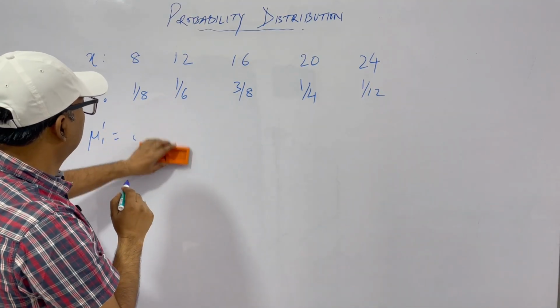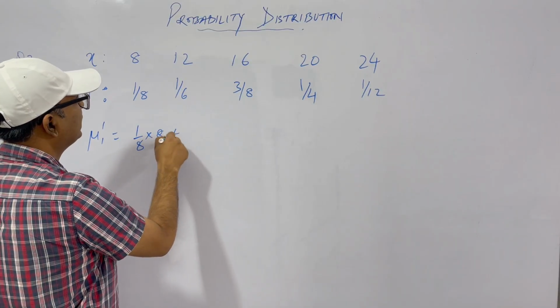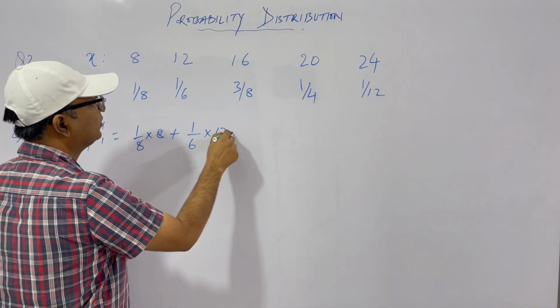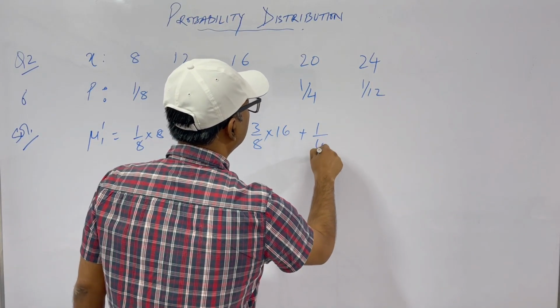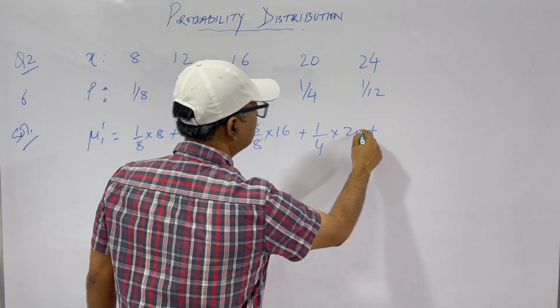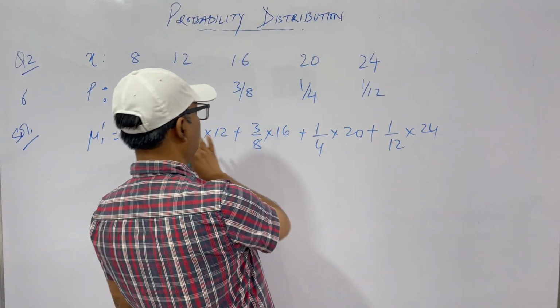Clear? So this is this into this. 1 by 8 into 8 plus 1 by 6 into 12 plus 3 by 8 into 16 plus 1 by 4 into 20 plus 1 by 12 into 24. This is PiXi.